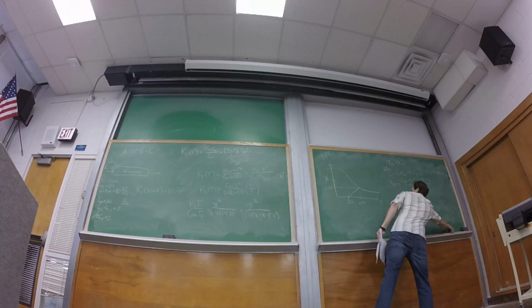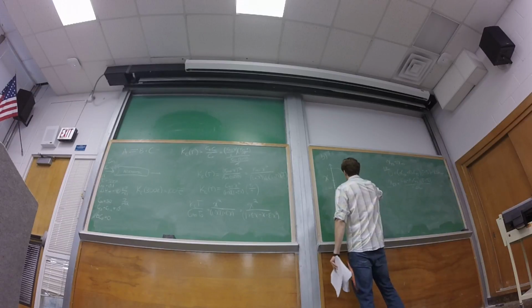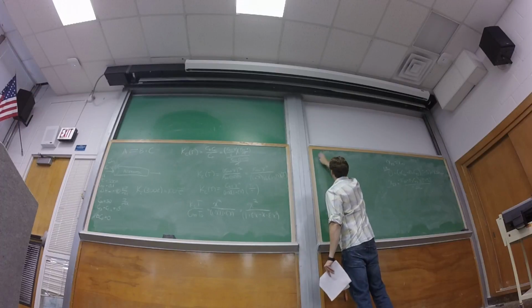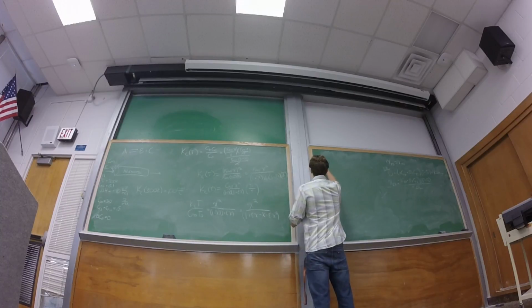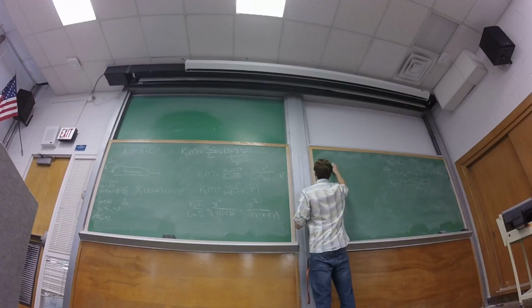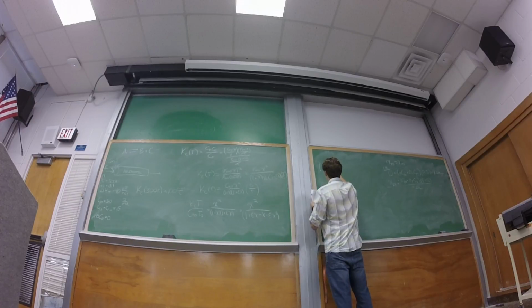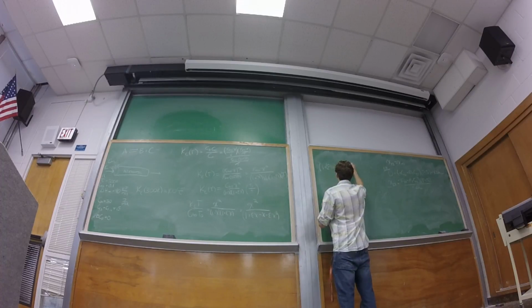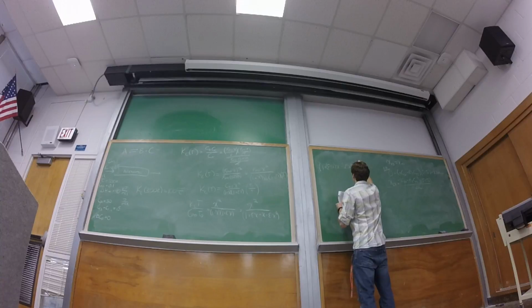So erase this. So you can bring that over, you get 1 plus epsilon x, times KC.